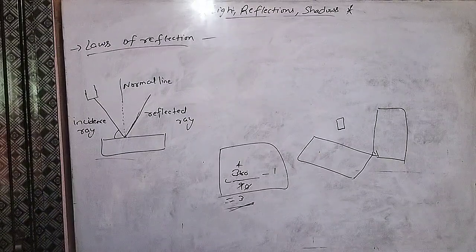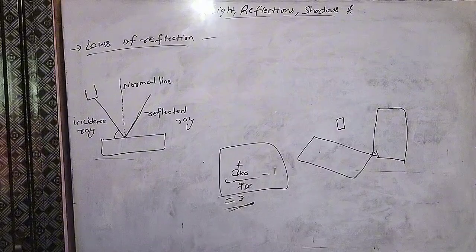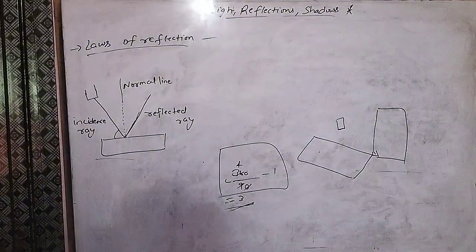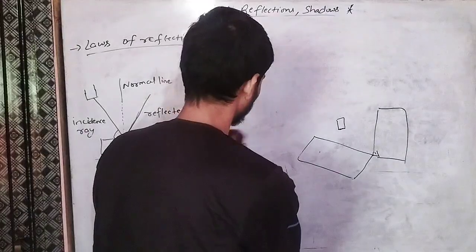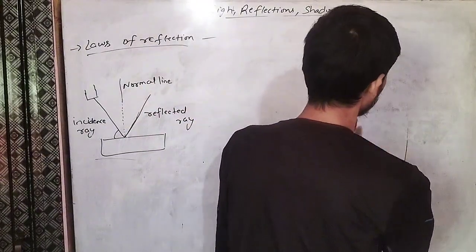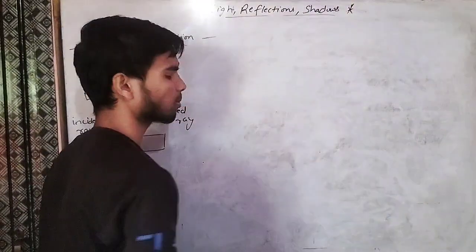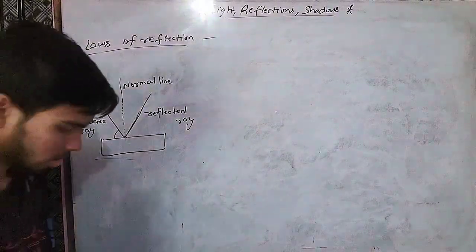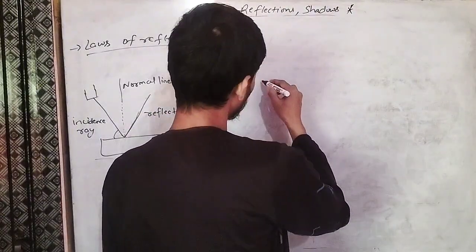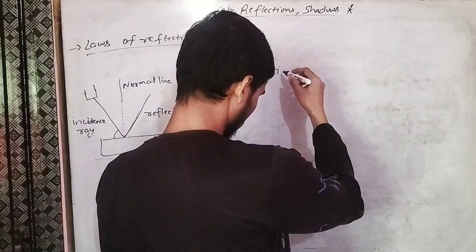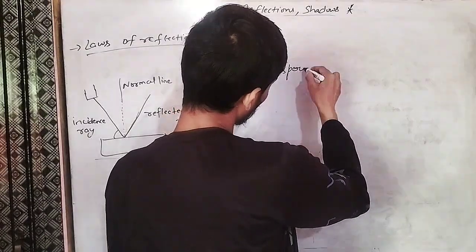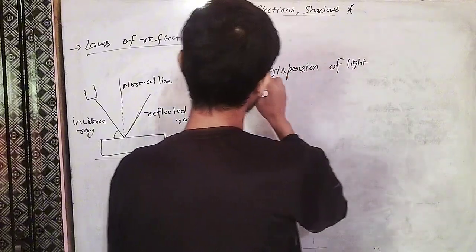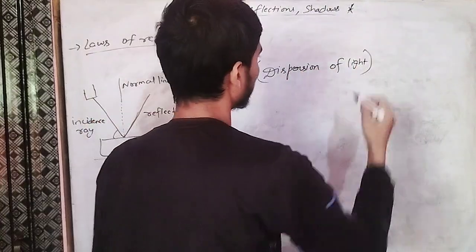Now this portion is dispersion of light. Dispersion, which means diffuse. What is the meaning of this?